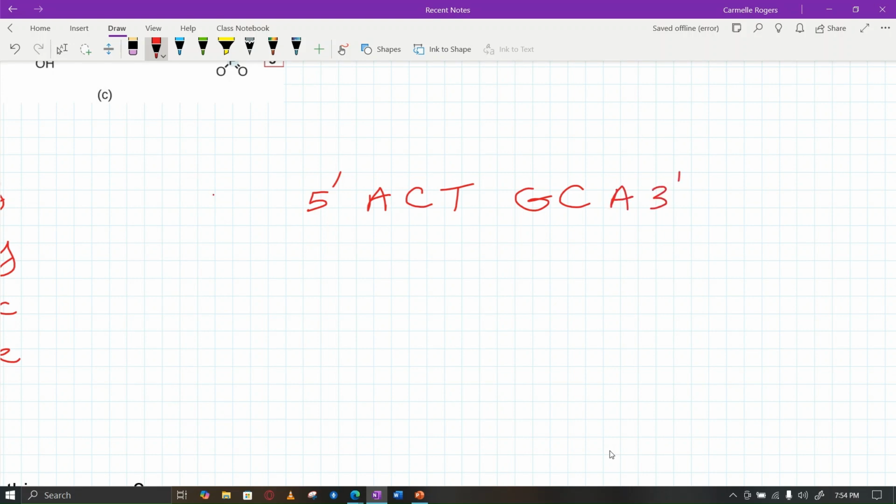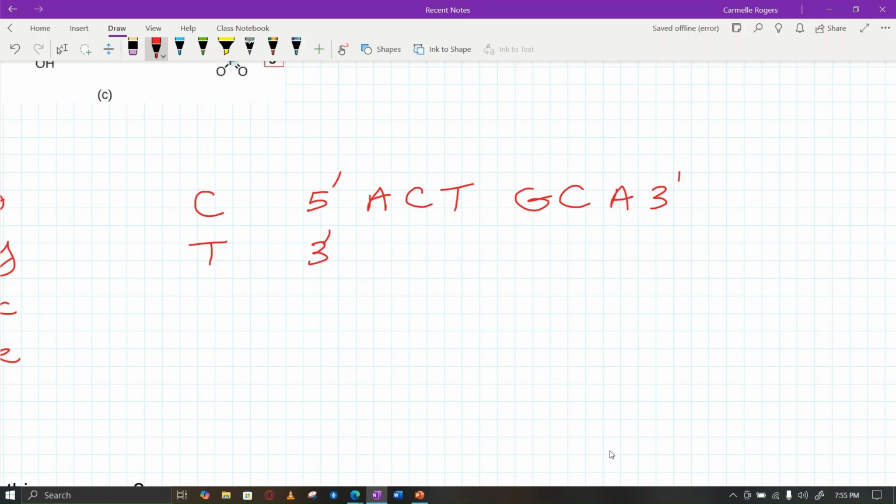So that's going to be our coding. Next, we have template. Now, comparing coding with template, we are going to have anti-parallel strands. So if the coding starts with 5 prime on the left, the template will be 3 prime on the left.